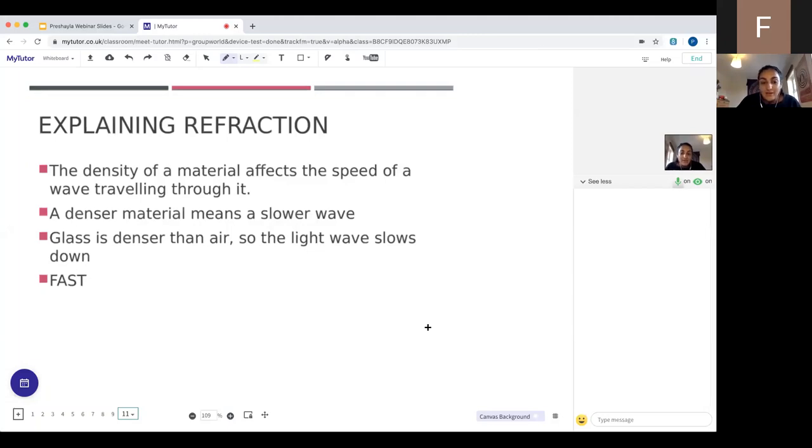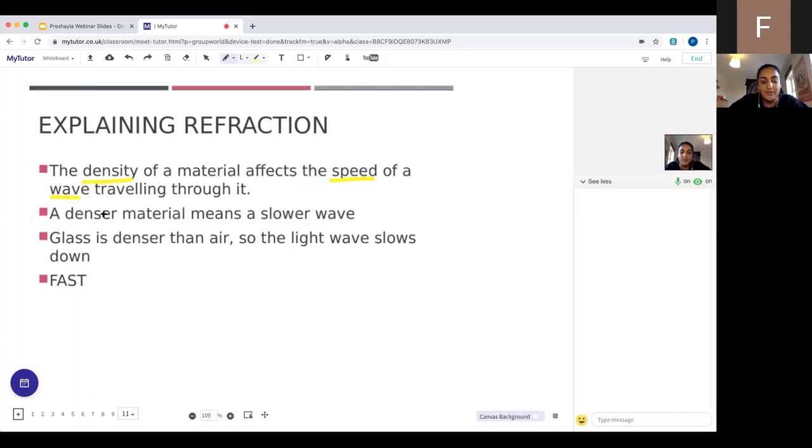We have gas of air, liquid of water, and solid of glass, and they get denser as you go along, which means that the wave travels slower. So the wave travels slower as we go from air to water to glass. The density of a material, or how closely packed the particles in the material are, affects the speed of the wave.